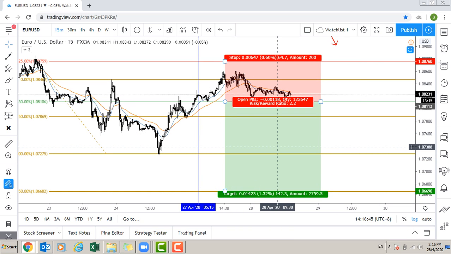You can see the R is also 2R. So conservatively, based on this setup, you will get a 2R fixed target. Let's say your success rate is 40% or 50%, you still earn another 50% approximately. So it's quite a profitable strategy, if properly managed.